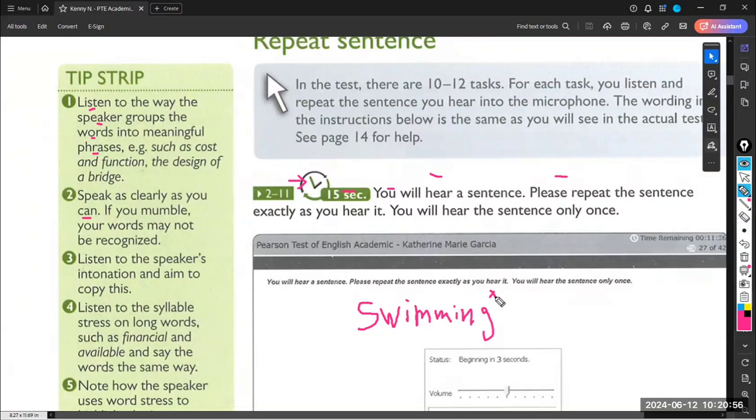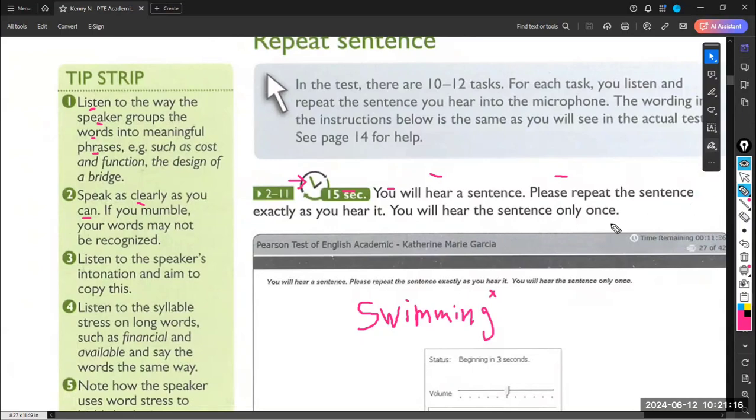Don't say I'm going swimmin'. You have to say I'm going swimming. So you have to say every single letter, every single word clearly. Please, this is a formal example. This is not informal. You are not talking to your friend or to your family. Just use this language. This is really important.